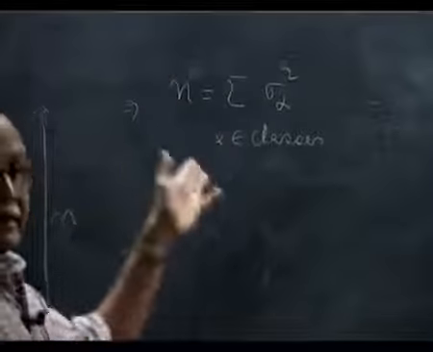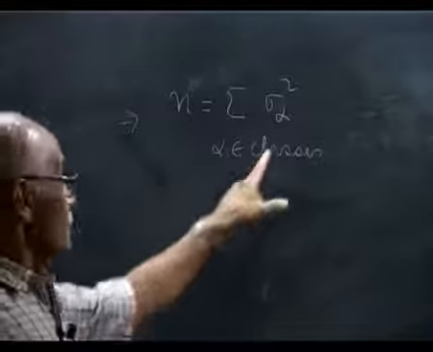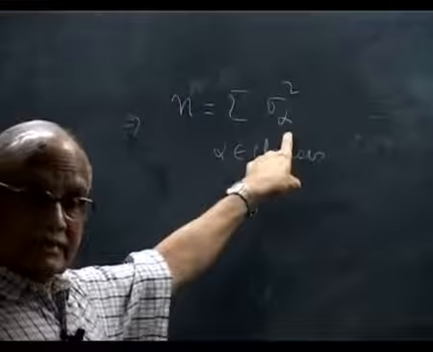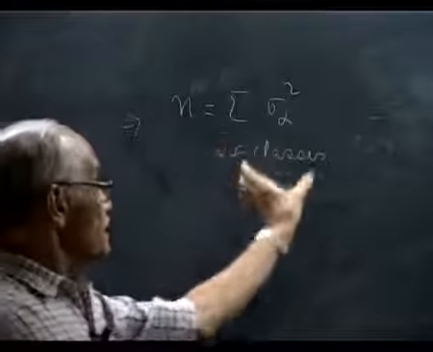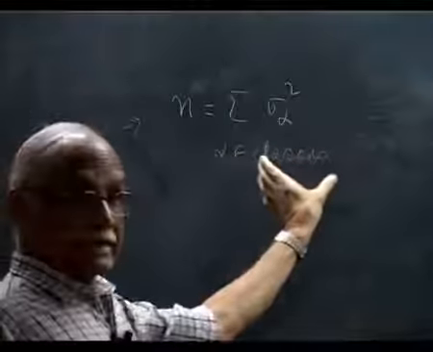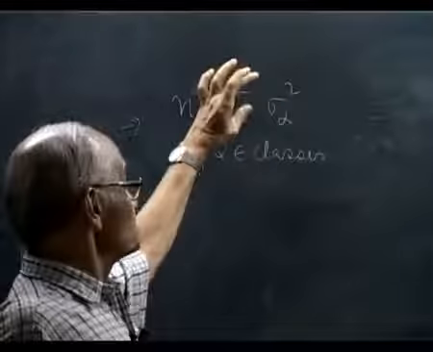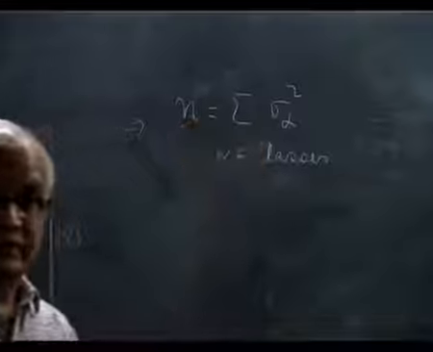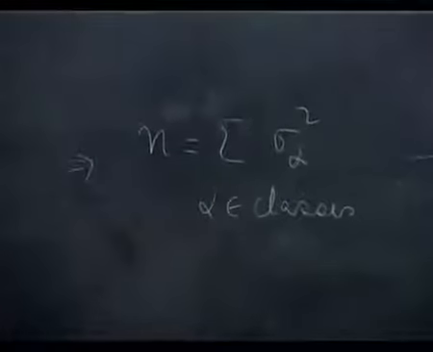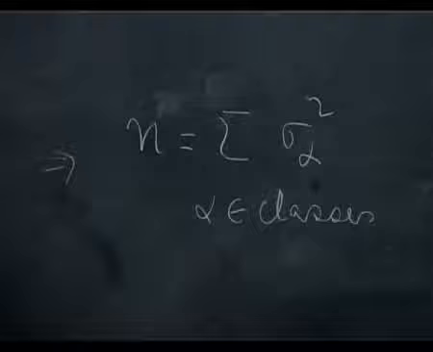You don't have to go on summing. There are only distinct irreducible representations corresponding to the number of conjugacy classes. For each conjugacy class you associate one sigma alpha and write this equation. So it's a Diophantine type equation, all are integers. So you have to solve this equation.